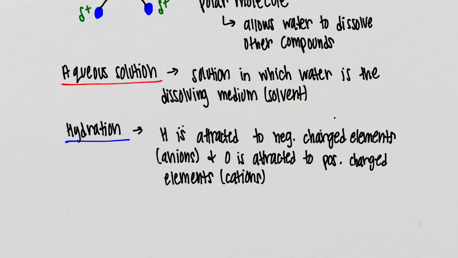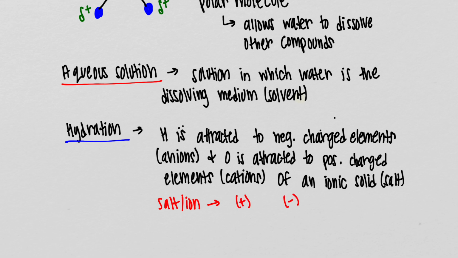So here I forgot to add an ionic solid, which is a salt. Remember, and you don't have to copy this down, a salt or an ion is something that is positive and something that's negative that comes together. So for example, sodium chloride, table salt.